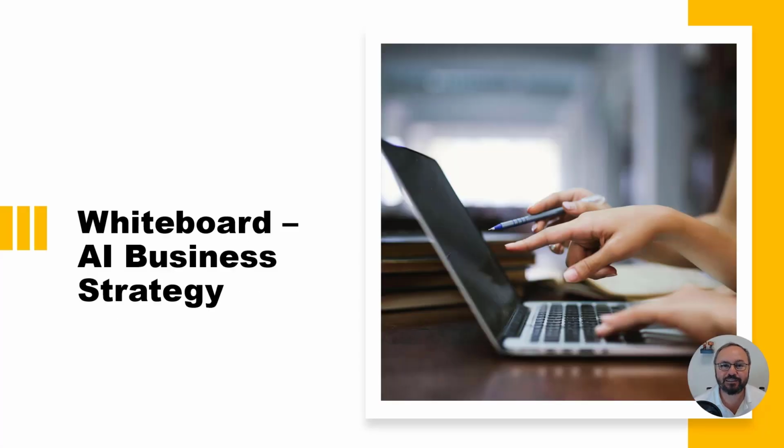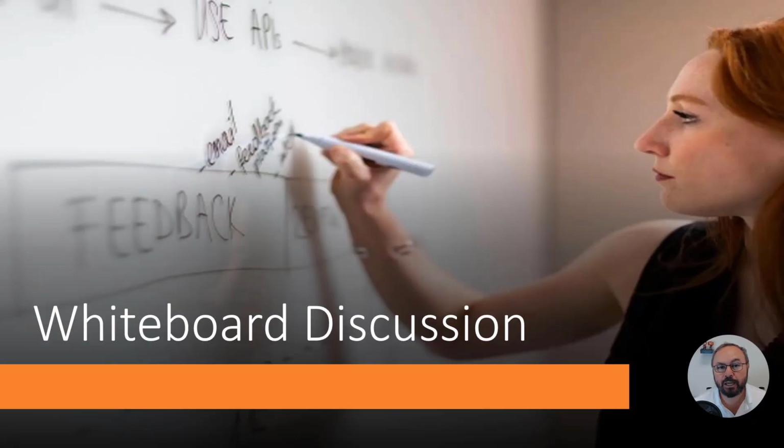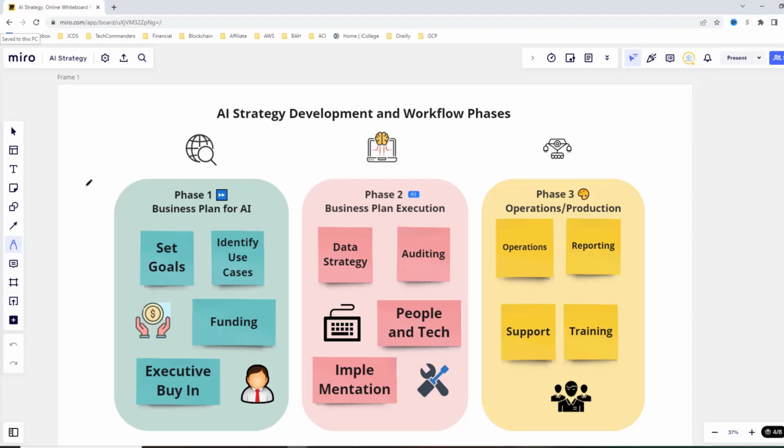In this lesson, let's go through a whiteboard and walk through how we create a business strategy for our AI integration and implementation for our business. Let's go to the whiteboard.